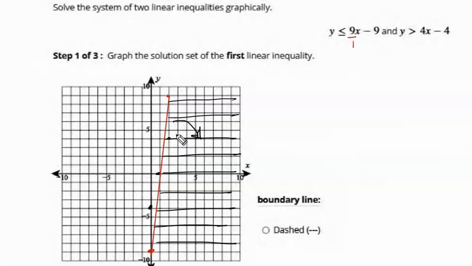Okay, and then this is a dotted line because this is only greater than, not equal to. So I'm just going to sketch a dotted line here, going through these points.